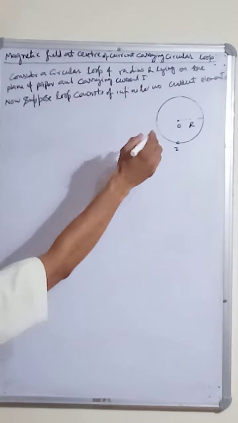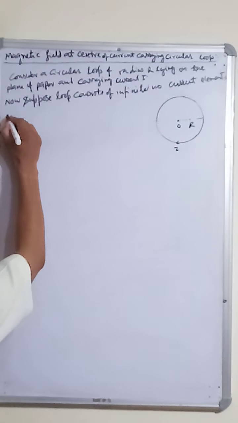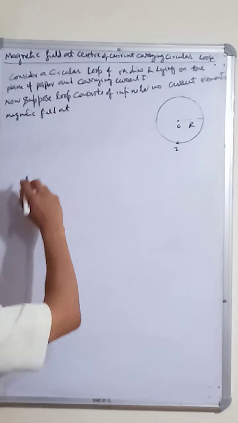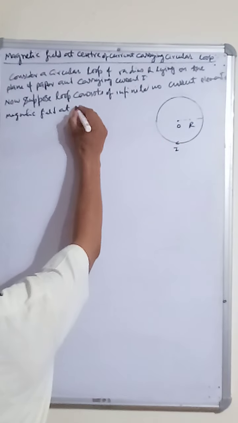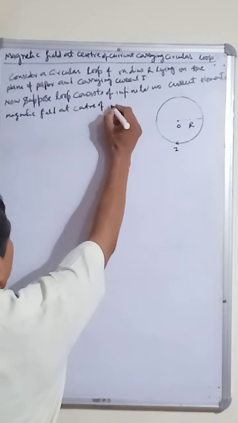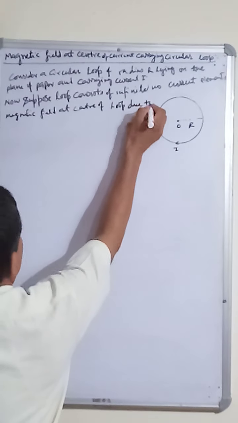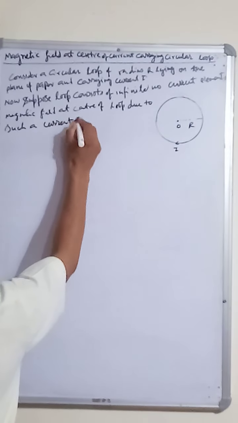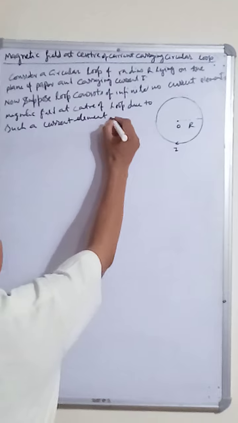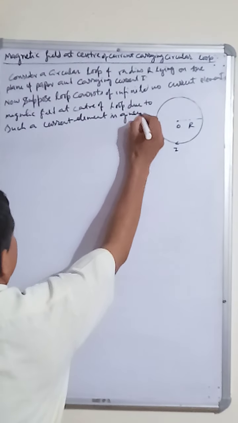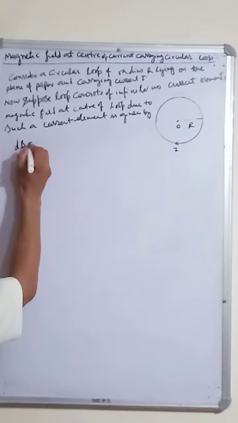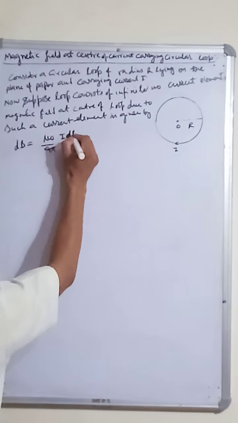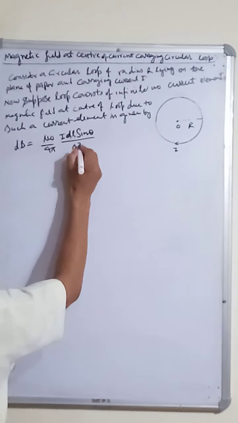The magnetic field at the center of the loop due to such a current element is given by dB is equal to mu naught over 4 pi, I dl sin theta over r square.